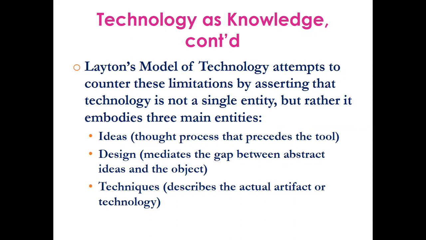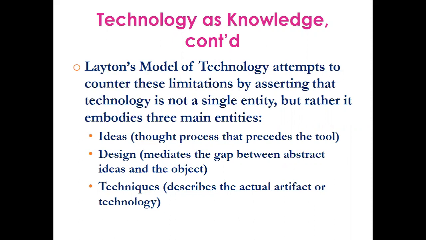And then he says that there is design, which mediates the gap between abstract ideas and the object. So before you actually design the object, you must have perceived it in your mind. And that perception is what you then eventually put into action and create an artifact.